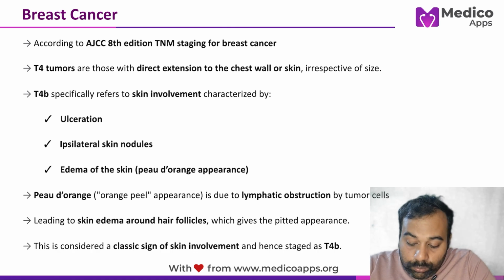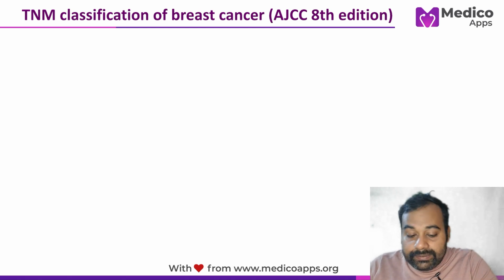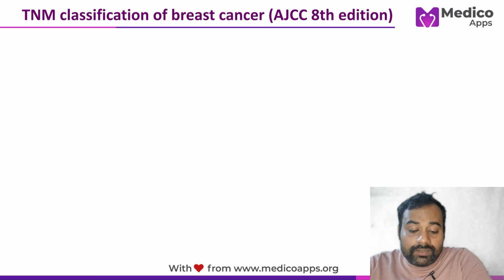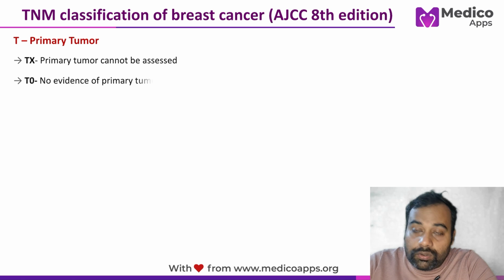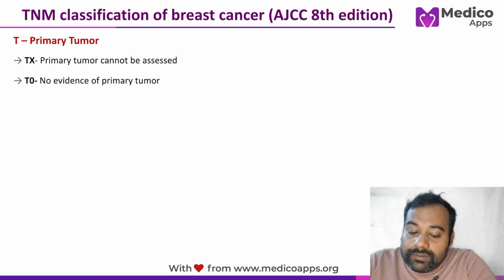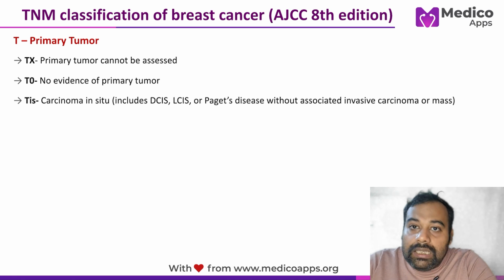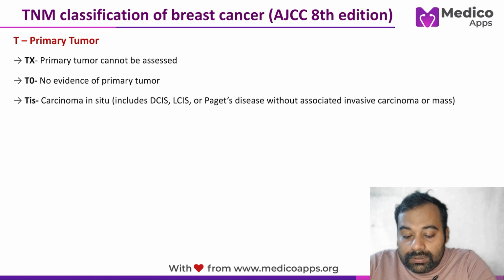Now let's see the 8th edition of the AJCC TNM classification of breast cancer. T for the primary tumor: TX, that is tumor cannot be assessed. T0, that is no evidence of primary tumor. Tis, that is carcinoma in situ, which is basically DCIS.